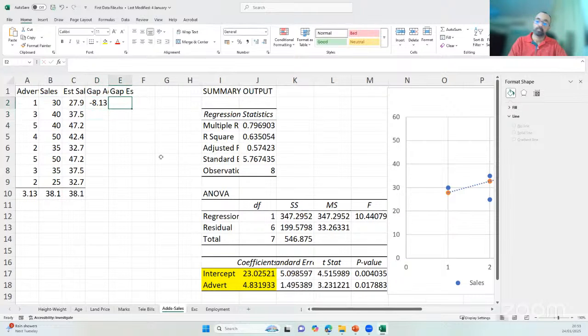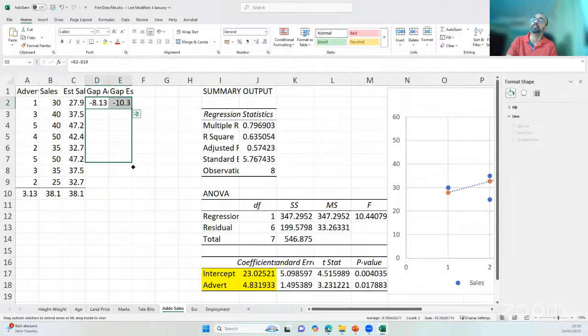Then the gap from this value to the mean value of that. By the way, both are the same, 38.1. So you can see we get two different deviations because these two values are different. And the values are negative.